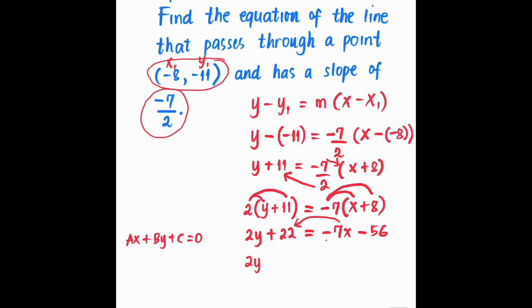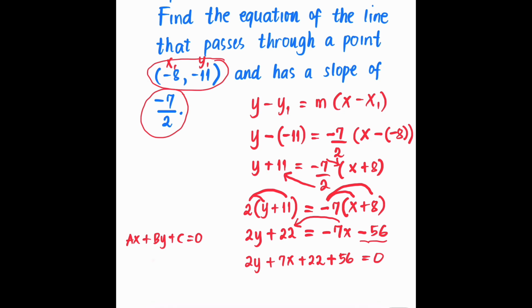So negative 7x will become positive 7x. 22 is already on the left, so I'm not moving the term, just simply copy plus 22. However, negative 56 needs to jump over to the left-hand side, so from negative 56, that will become positive 56, and we'll equate it to 0.